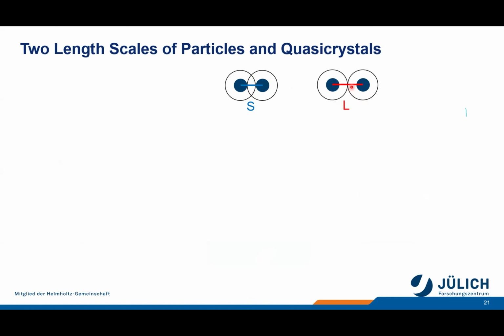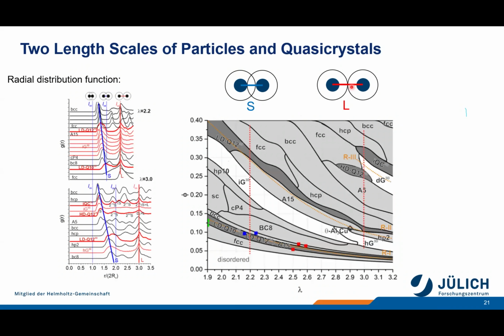And if just the outer edge of the corona or shells touches, we would have a large distance. And so in this way, this intrinsic two length scales of the particle translates into two length scales of a sphere or particle packing.